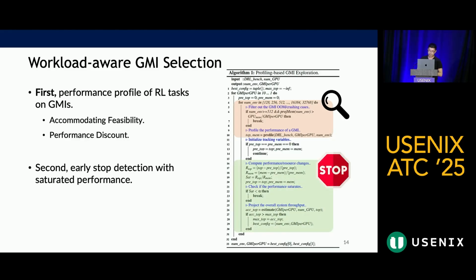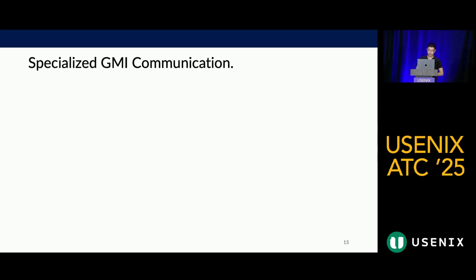The second phase is, once we have done this search, at what step we need to stop. For example, we could search through the entire space, but we want to know at which point we have already collected sufficient useful runtime statistics such that we can exit early. So the overall process is just two steps: one is to perform the profiling, and the second is to stop at the right place.